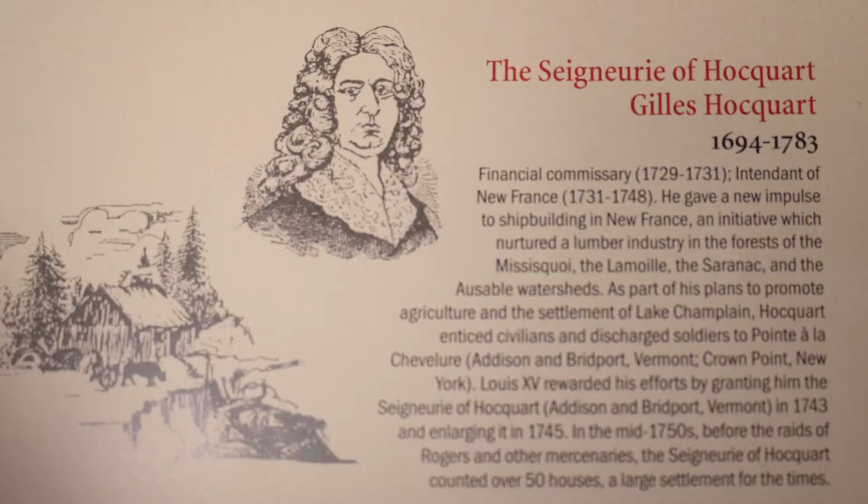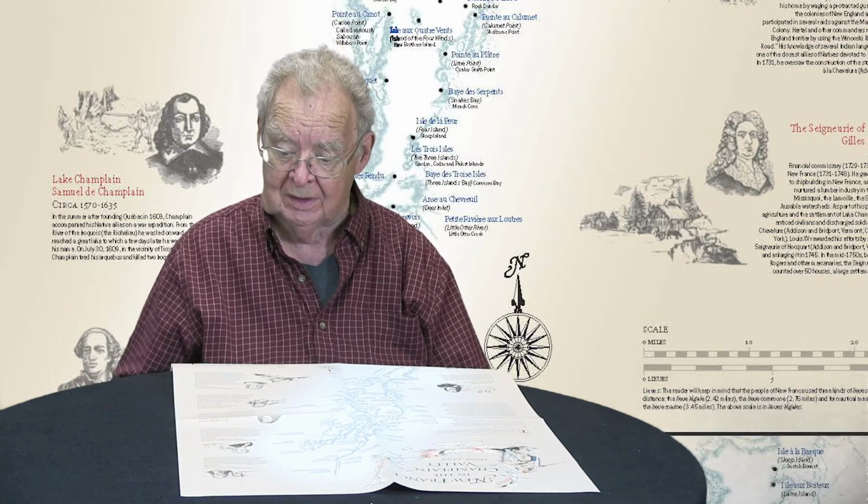The same thing is true of Hocquart, the intendant, going up the column here. Curiously, there's a portrait of Hocquart which is now in the Municipal Museum of Vaudreuil, a suburb on the west end of Montreal Island.